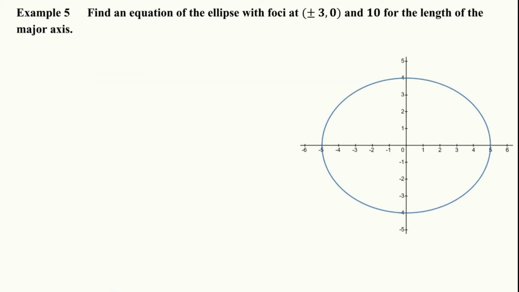Next, we want to find an equation of the ellipse with foci at plus or minus 3, 0, and 10 for the length of the major axis. Now, we know that the length of the major axis is 2a, right?